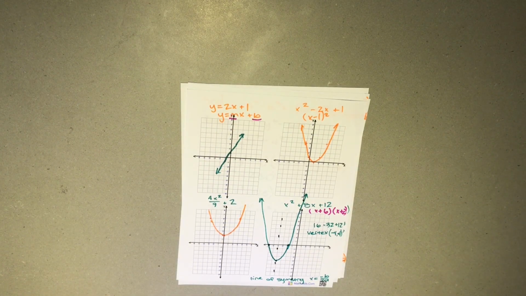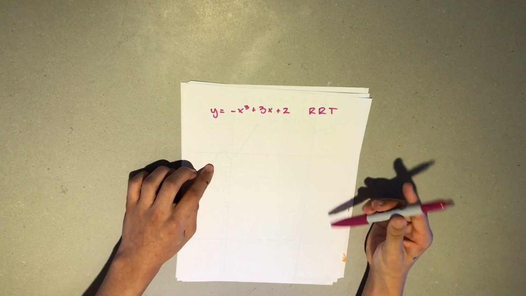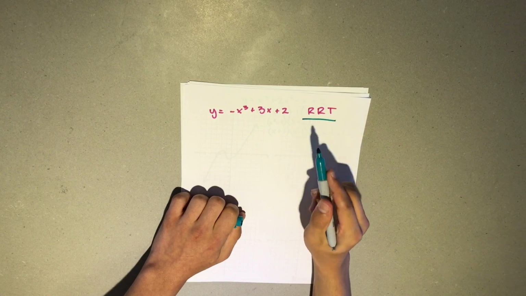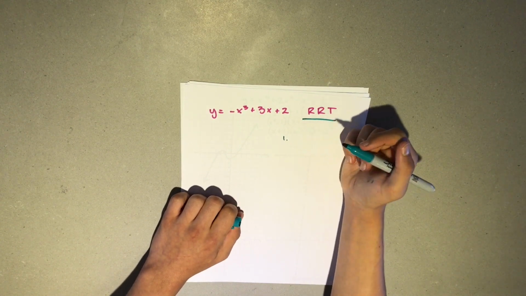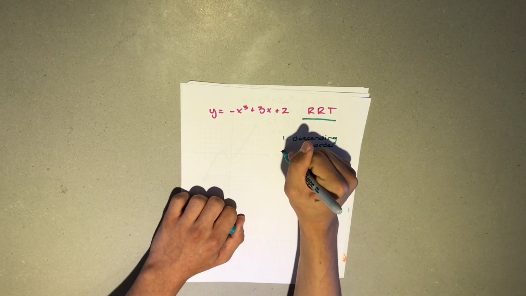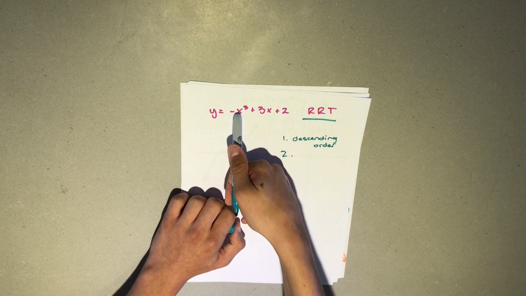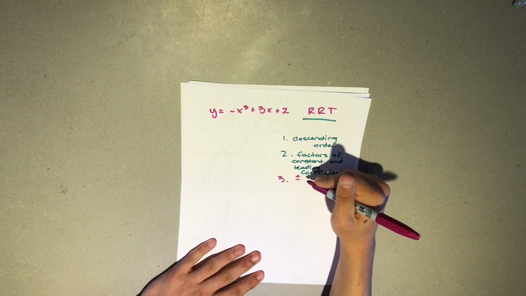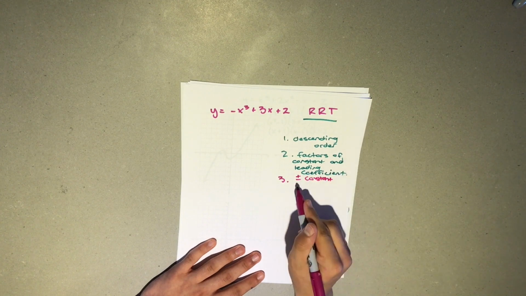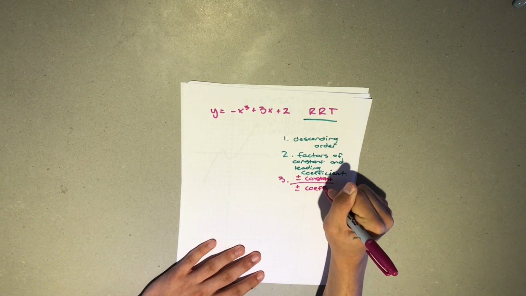Graphing a cubic is the next one. You're going to need to use the rational roots theorem. So first, in doing the rational roots theorem, you would arrange the polynomial in descending order, so like this. And then second, you would list the factors of the constant and the leading coefficient. So plus or minus the factors of the constant over plus or minus the factors of the leading coefficient.